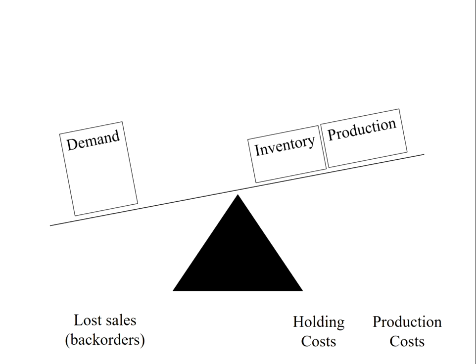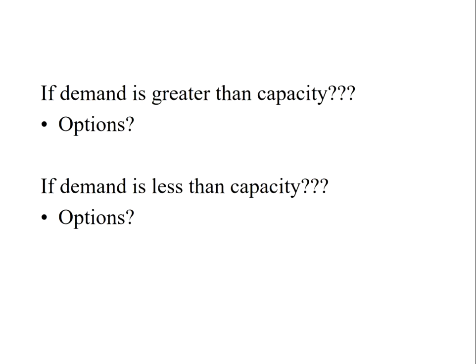Production costs are what we incur, and so regular production is when we produce units using regular time and not overtime. Then there's overtime production costs, which are a little higher. And then we might outsource the product to a third party and have them make it for us. And those are usually even higher than our internal costs.